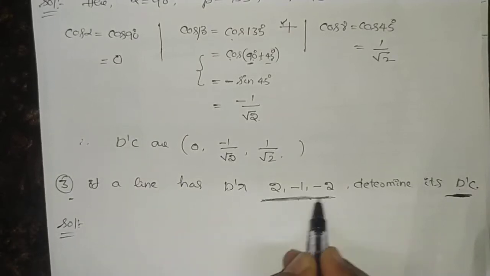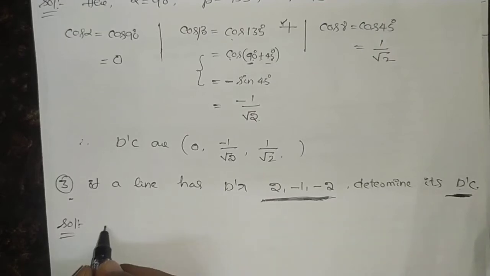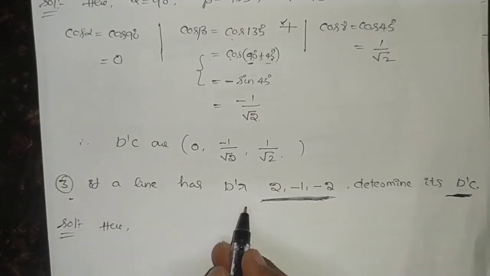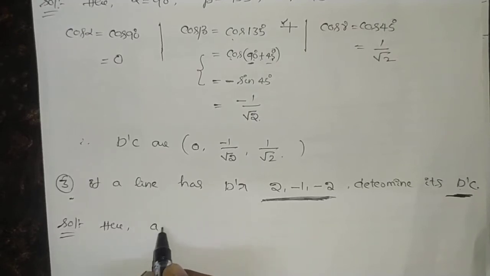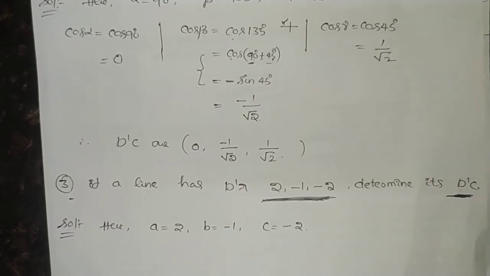here we have the direction ratios. Here direction ratios are represented by a, b, c. a equals 2, b equals -1, c equals -2. Understand? Next, direction cosines of a line.